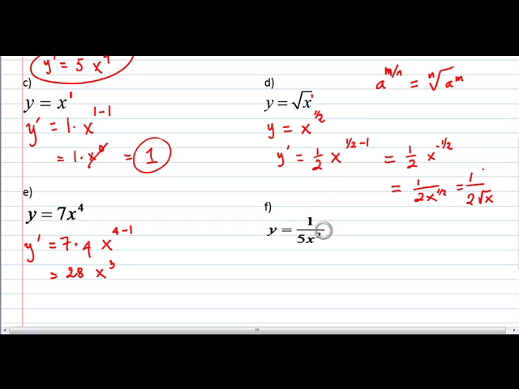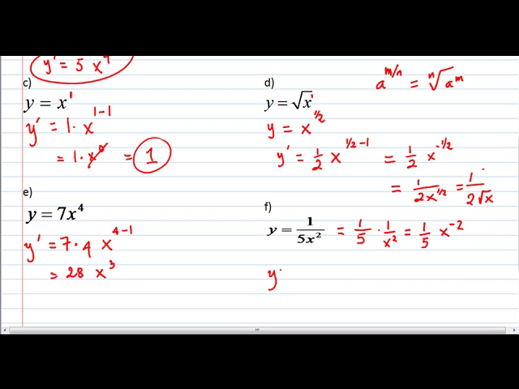Now every time you see the x in the denominator, try to rewrite it. This means I have 1 over 5 times 1 over x squared. Or I can rewrite it as 1 over 5 times x to the minus 2, because when I flip it up, the power becomes a minus.